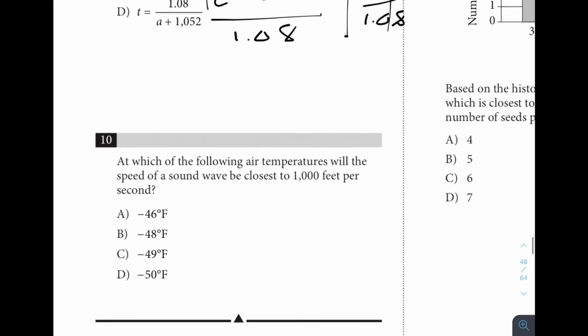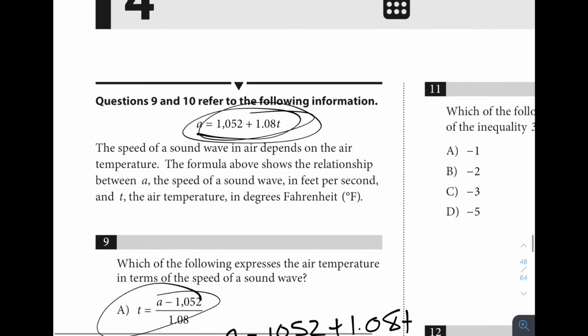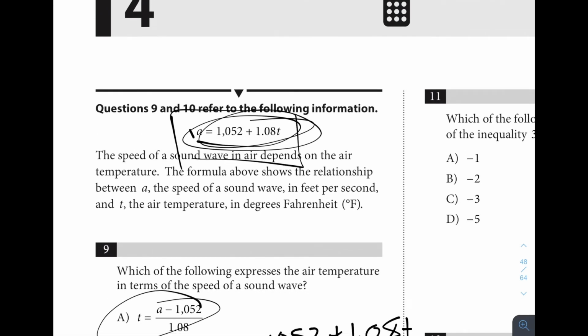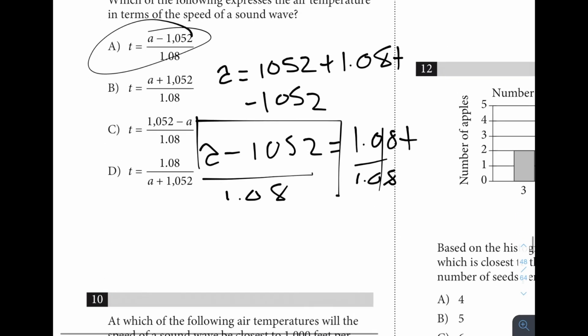It says here, at which of the following air temperatures would the speed of the sound wave be closest to 1,000 feet per second? So for this, we just take the equation given above, this first one, and set A equal to 1,000.